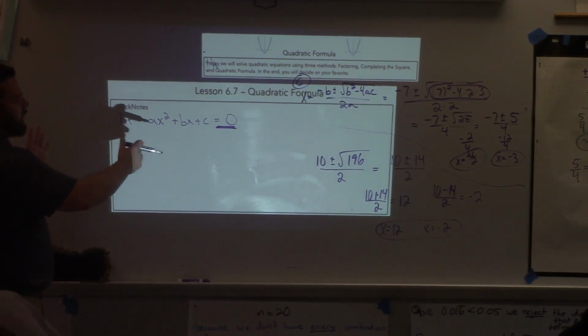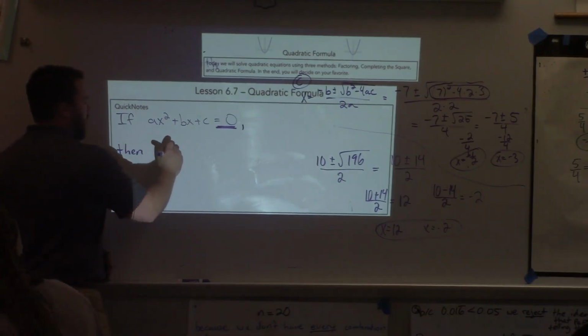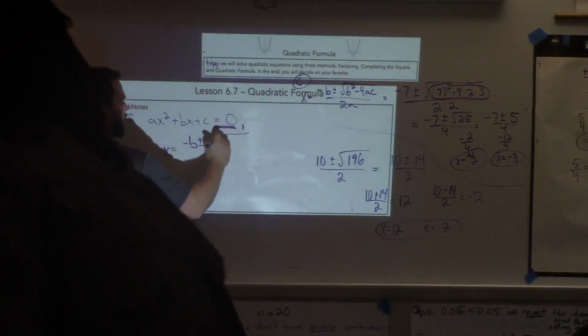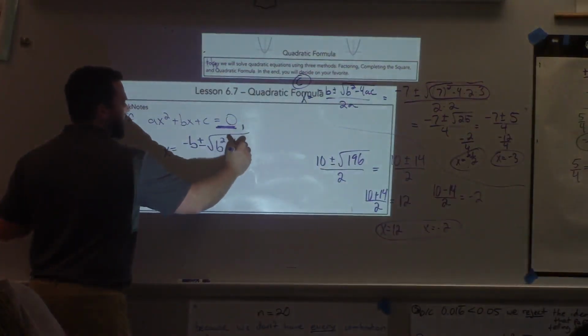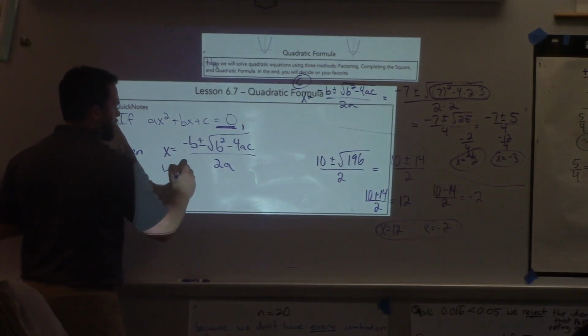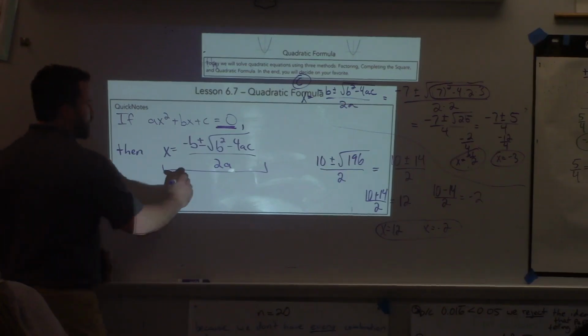The quadratic equation has to equal 0. So if this is true, then x equals the opposite of b plus or minus the square root of b squared minus 4ac, divided by 2a. What is this whole thing called? Quadratic formula.